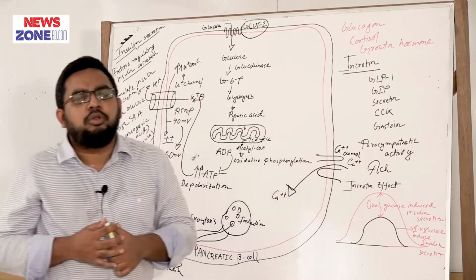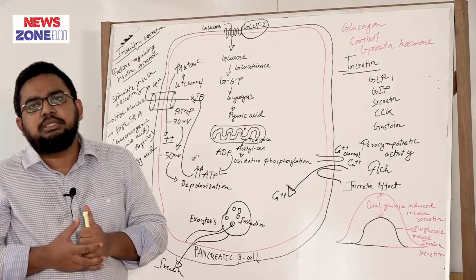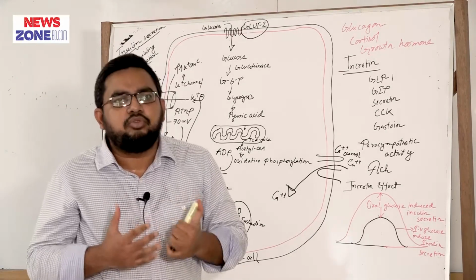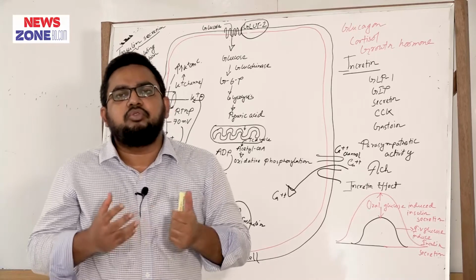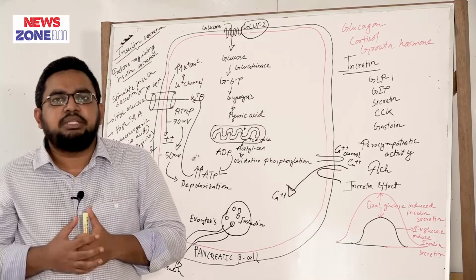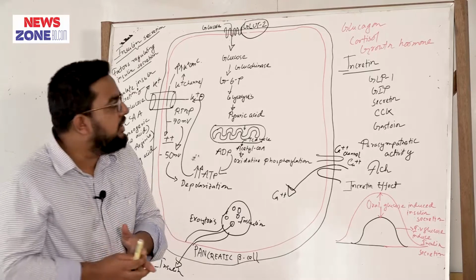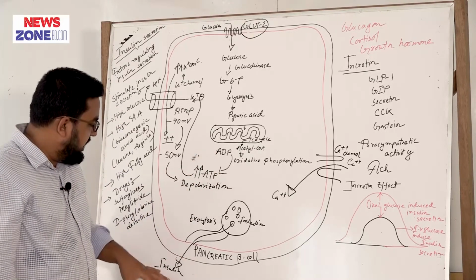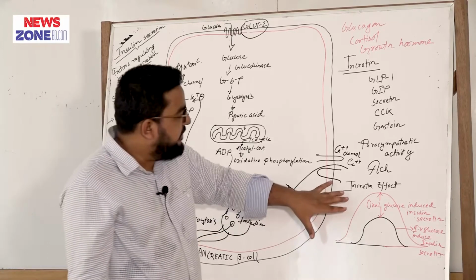Incretin is a hormone that is released from the gut when we take glucose orally. When we take glucose orally, the gut releases incretin, and incretin stimulates the pancreatic beta cell to release insulin. This is the incretin effect.